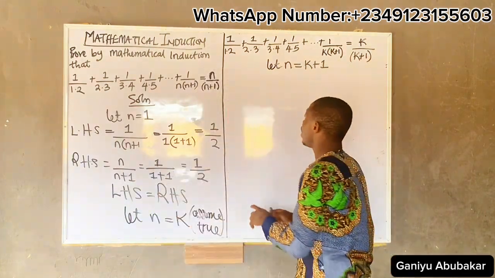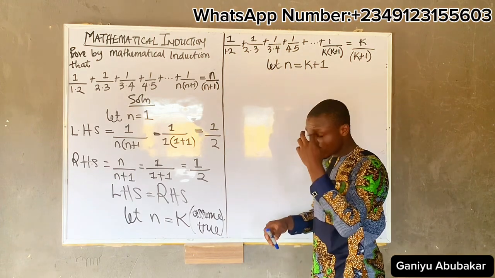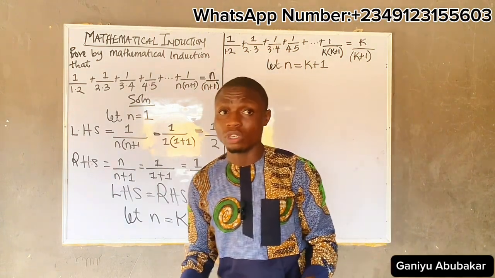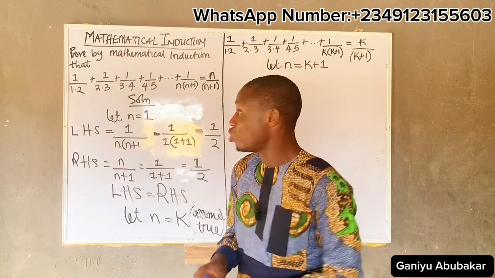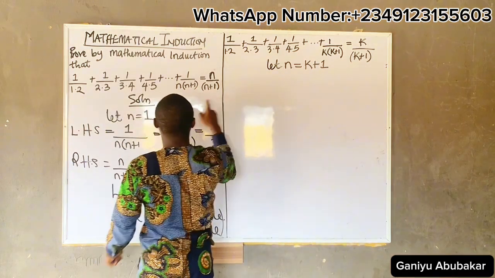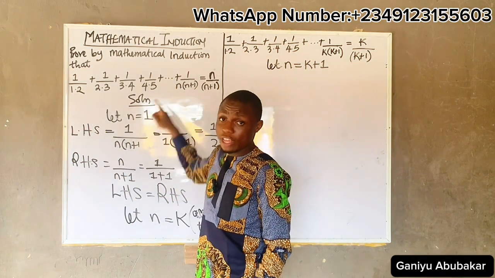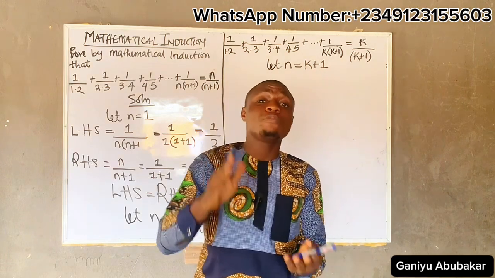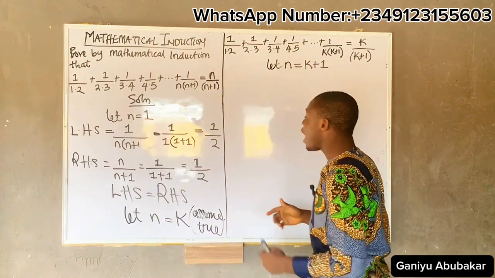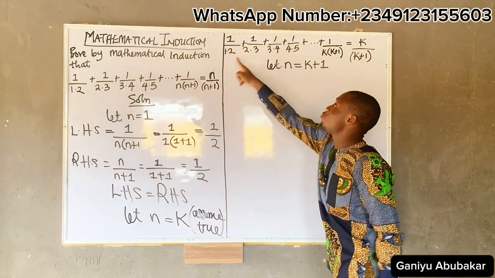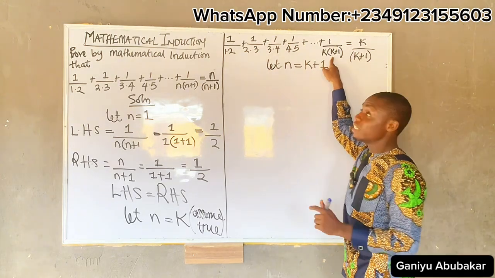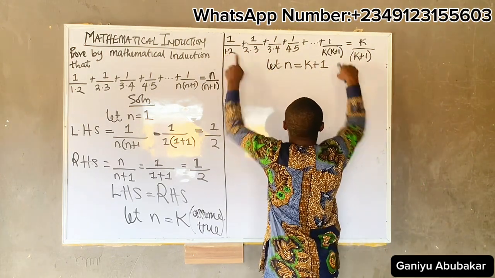Look up, please. We said put n as k plus 1. That does not mean that you should repeat this question and put n as k plus 1, that is wrong. First task when it comes to n to be k plus 1 is that you have to repeat your assumption equation first. That is, I'll repeat from here to here down first.